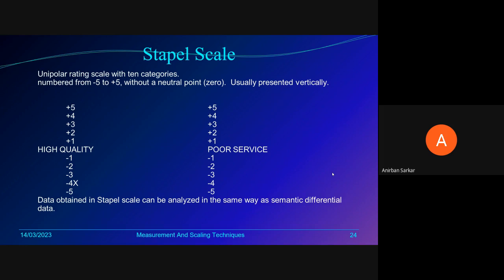So depending on your positioning, the Big Bazaar management can identify how they are performing on the basis of two parameters, that is high quality and poor service. If you are giving 5, it means the quality is high. If you are giving 5, it means the service is good. If you are giving -4 or -5, it means the quality is bad and the service is poor. Clear?